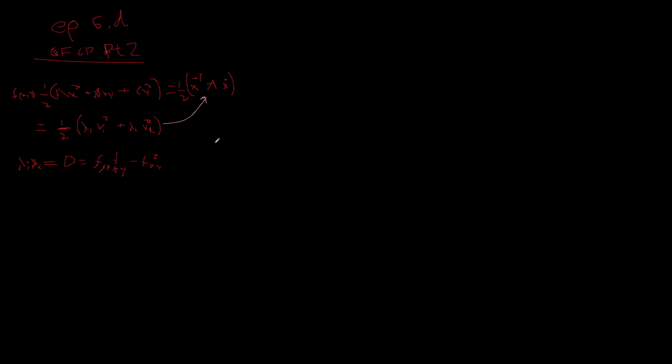So let's look at these a little bit more. We're going to look at this general quadratic form here and go more in depth into this guy, starting with definitions.